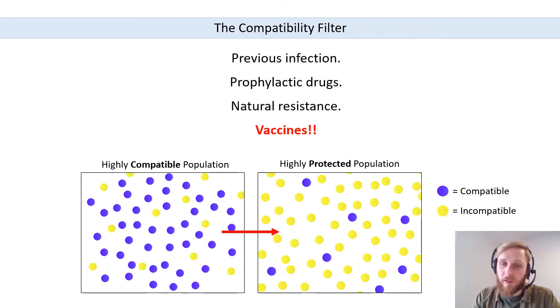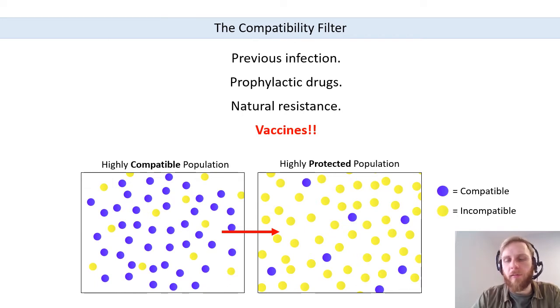Finally, vaccination, and obviously this is the big one. We can induce the population to become incompatible or protected by encouraging individuals to become vaccinated. What vaccination does is again induce a level of immunological protection. An individual who's vaccinated against a particular infectious disease will have some degree of protection against future infection with that disease.